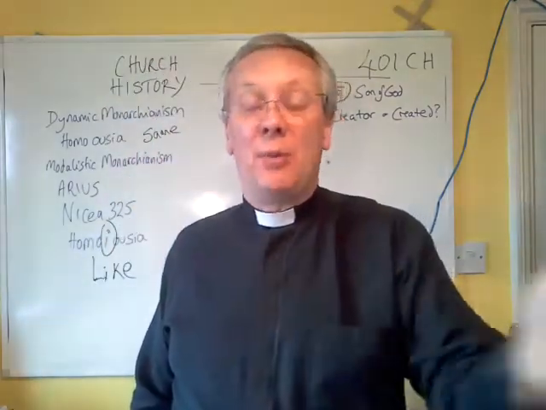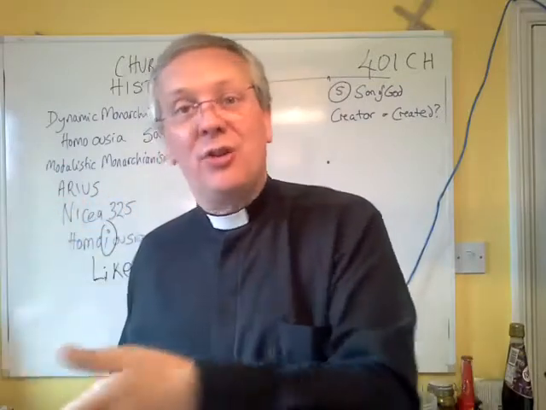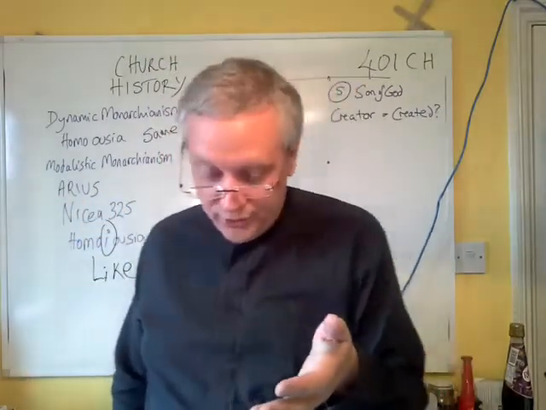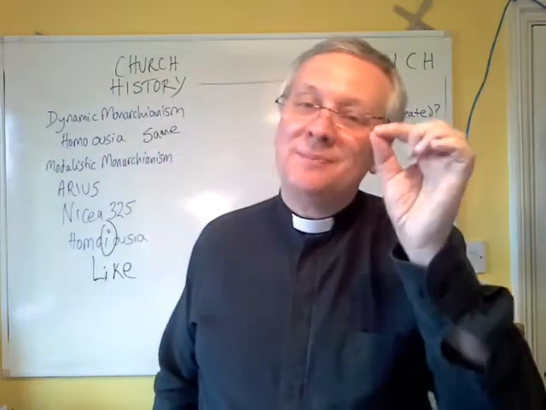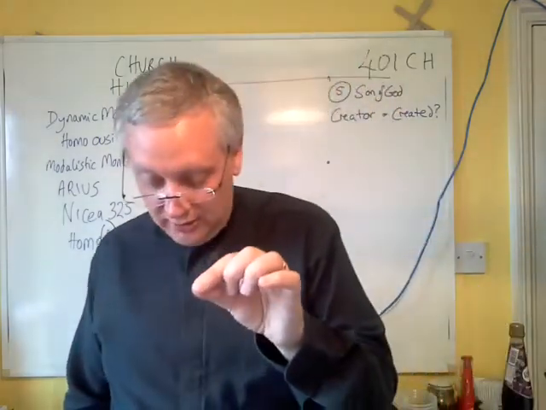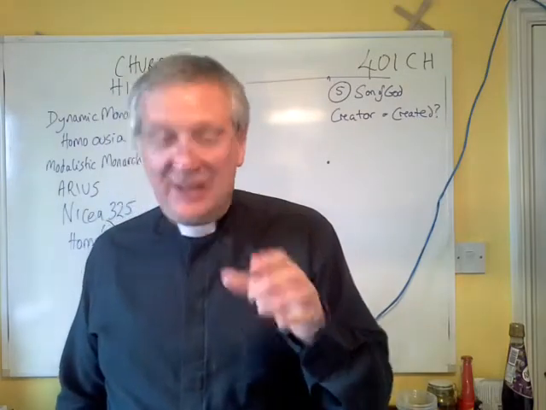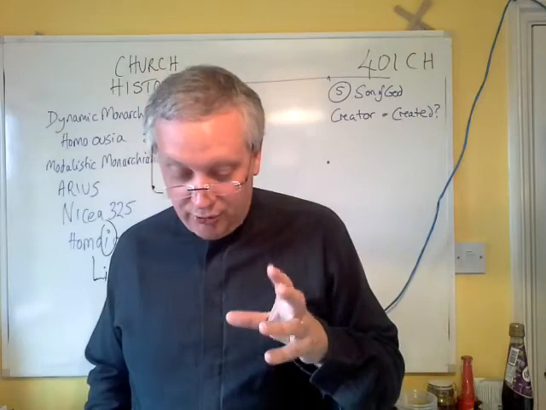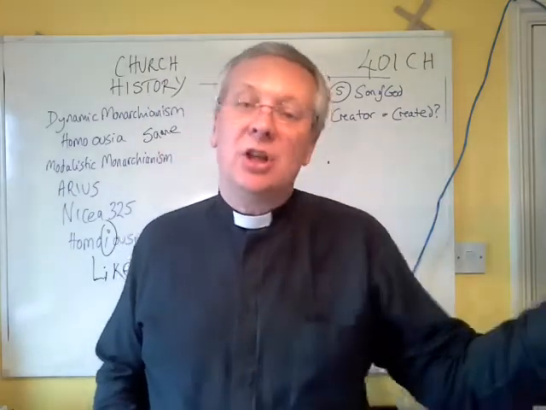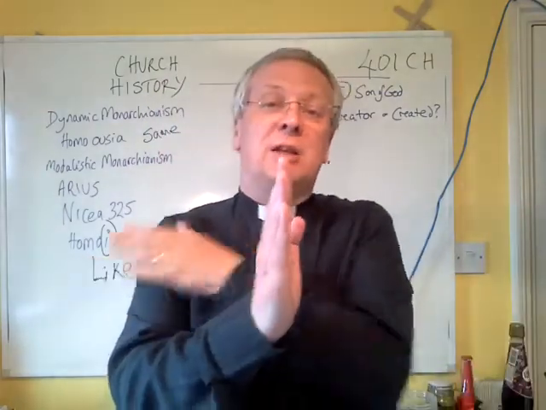You can say, well, therefore there was a time when Jesus was not. There was a time when the Son was not. And Athanasius said that if the Son was not eternal, like God the Father, then it made the Son a creature, not a creator. It's on the creature side of the line, not the creator side of the line.